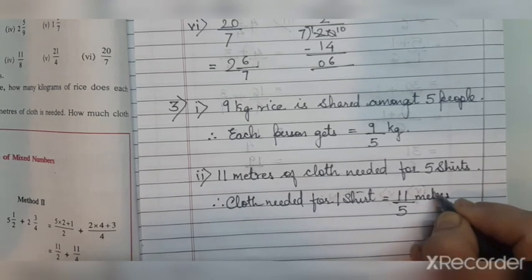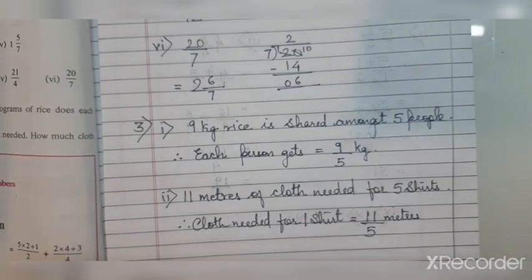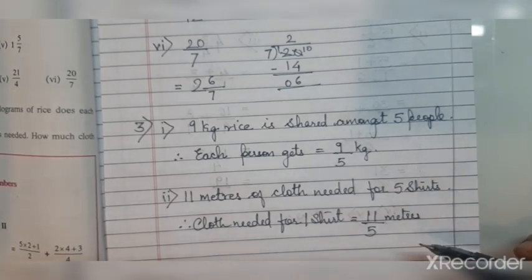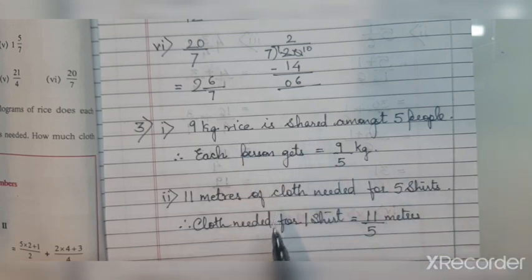So here 11 upon 5 meters of cloth is required for one shirt. So this is the way we write the fraction. Here just keep one thing in mind: what has to be shared should be written in the numerator. Whether it is chocolates, rice, or cloth which has to be shared, the numbers for that will go in the numerator. With this we finished practice set 9.